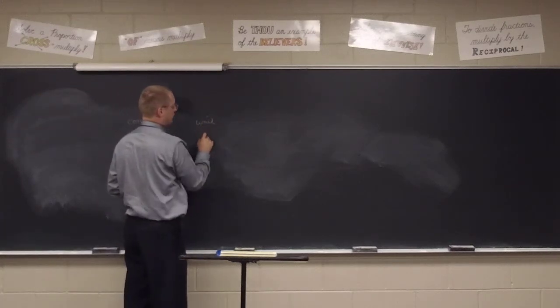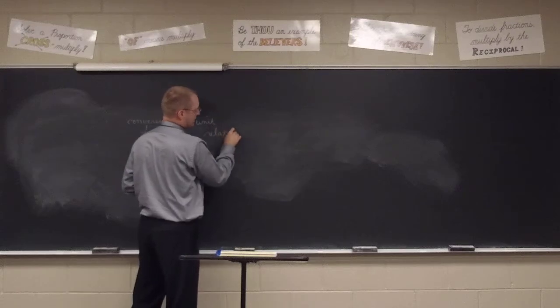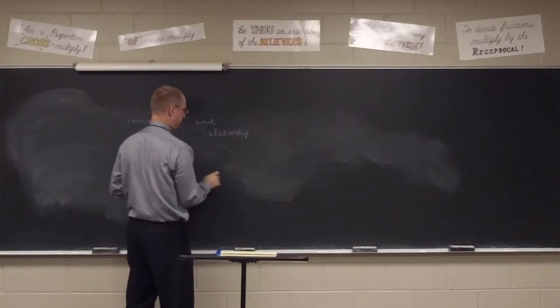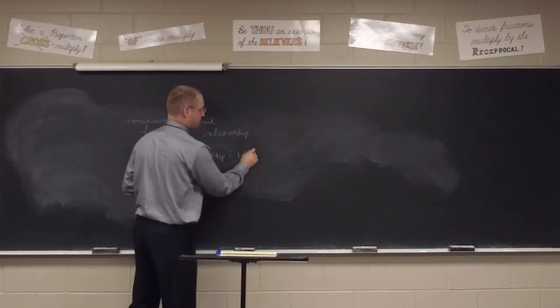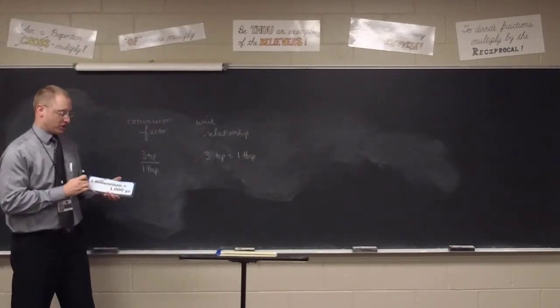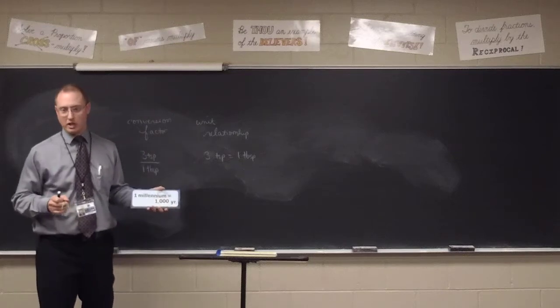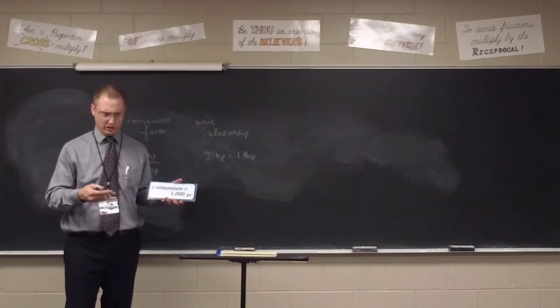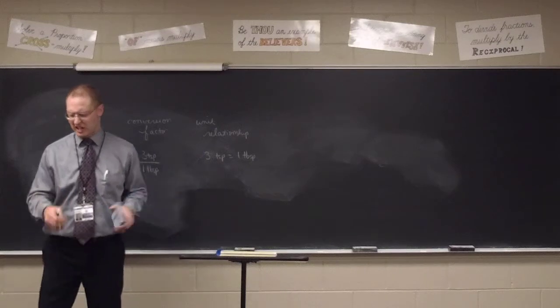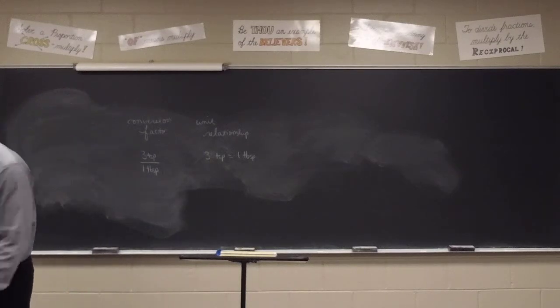A unit relationship is kind of the same thing, but it's not written as a fraction. It would just be 3 teaspoons equals a tablespoon. So for instance, what we were just practicing with, this is a unit relationship. If you put one on top of the other, you have a conversion factor. Do you understand the difference there? Just in case you see that on the exam tomorrow.